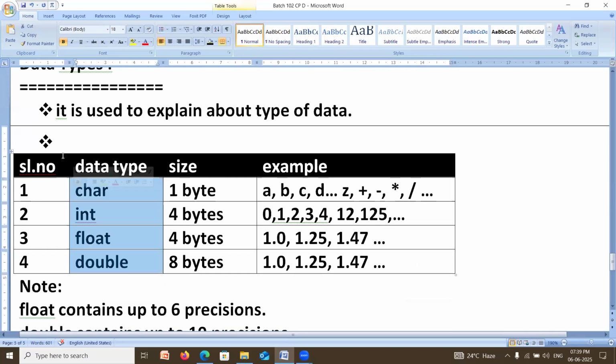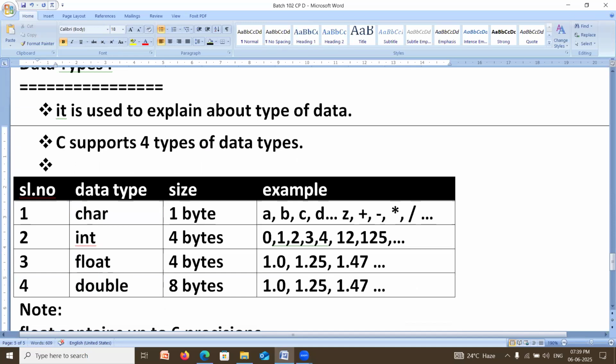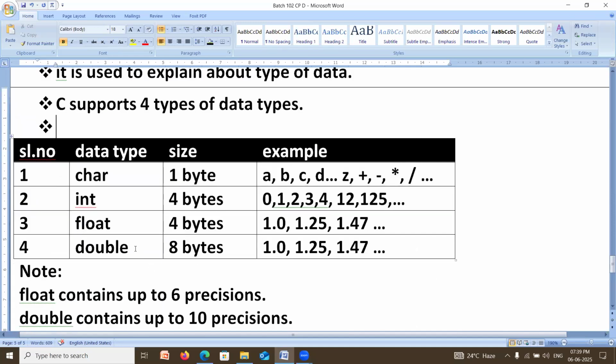In C language, we have 4 types of data types. C supports 4 types of data types. These are the names for data types. These are already defined in computer.